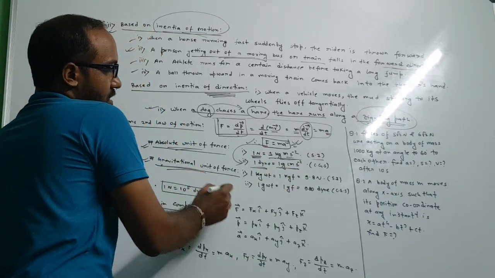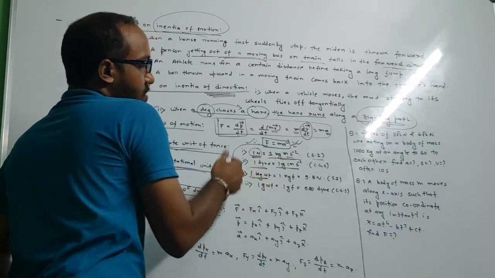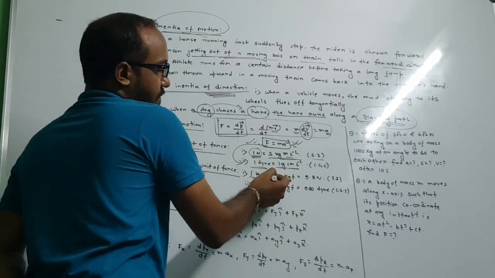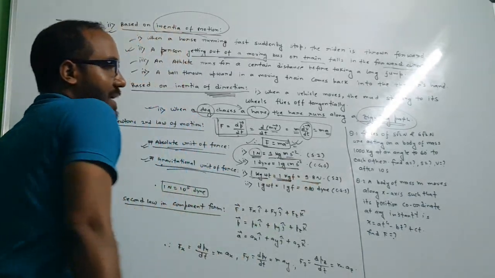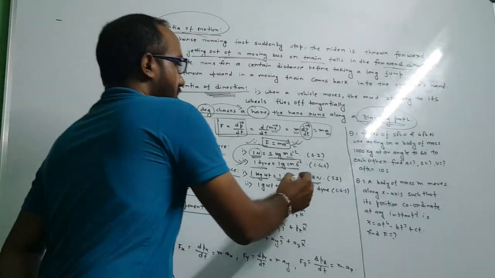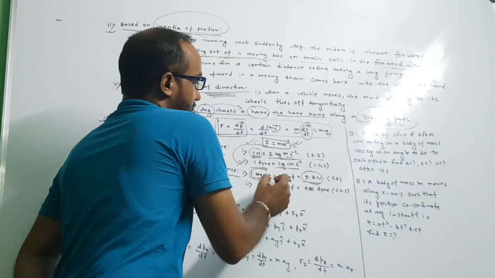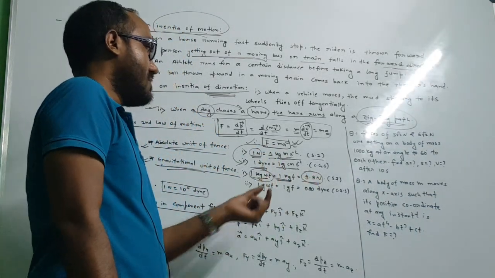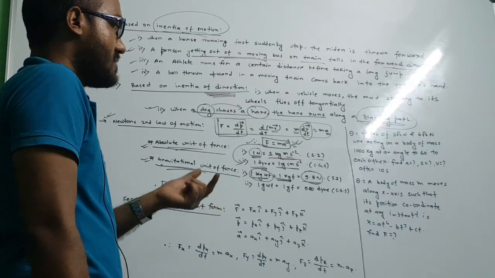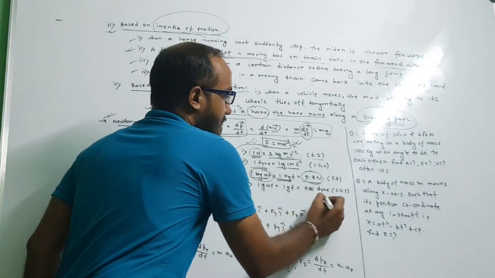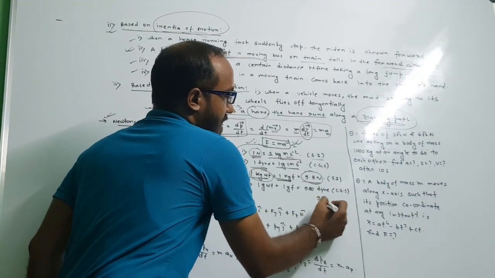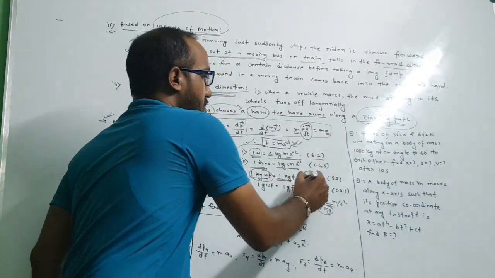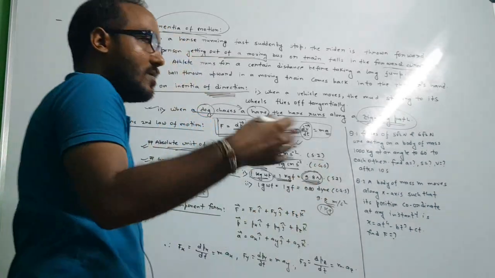In gravitational unit, 1 kg weight or 1 kilogram force is equal to 9.8 Newton. That means, how can we apply this definition? If you apply 9.8 meter per second square acceleration to 1 kg of mass, it will put 9.8 Newton of force on that object.